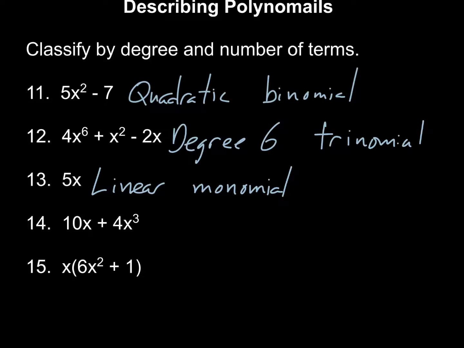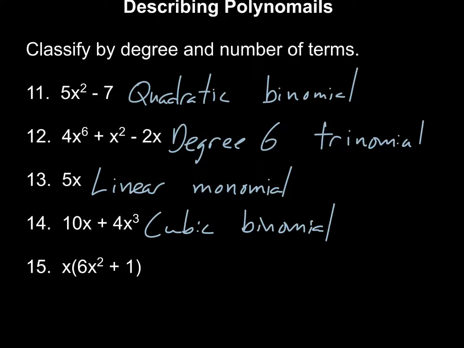Number 14. What is the degree of it? The degree here is 3. This one's kind of tricky because the 3 is not the start, where we normally expect to see the highest exponent. You do have to look through them. So this one's degree 3, which makes it a cubic. And then how many terms are there? 2 terms, so it is a cubic binomial.